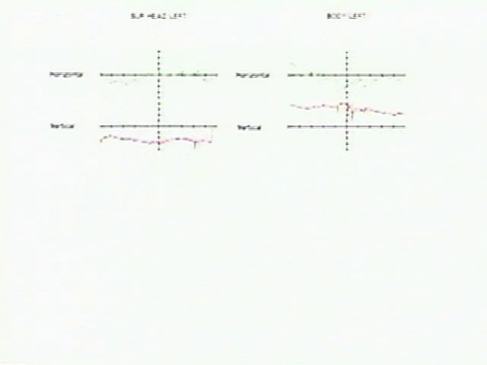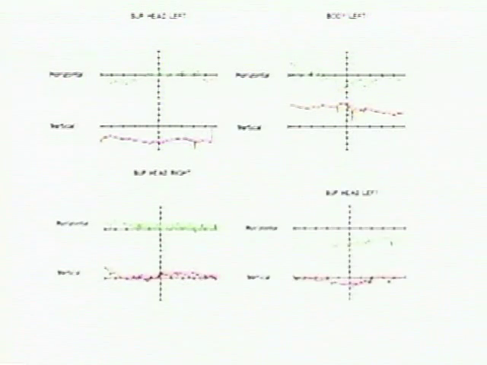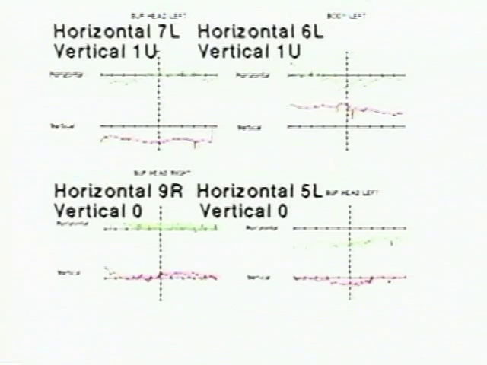The next 4 examples demonstrate abnormal positional testing, which includes supine head left, body left, supine head right, and supine head left. In this particular case, greater than 6 beats of nystagmus in the horizontal channel are observed during a 10-second testing session. These are clearly abnormal positional studies.